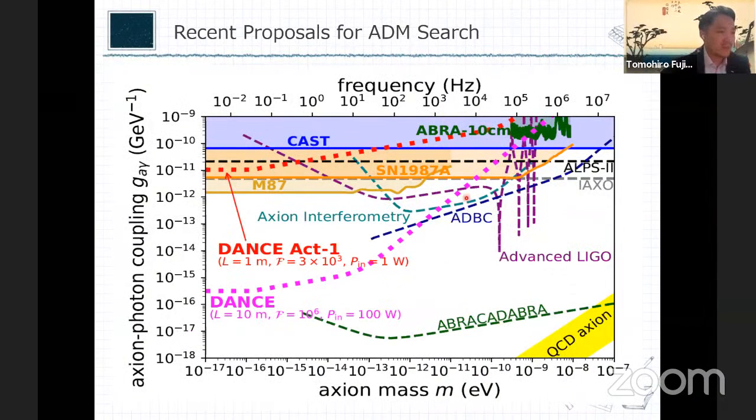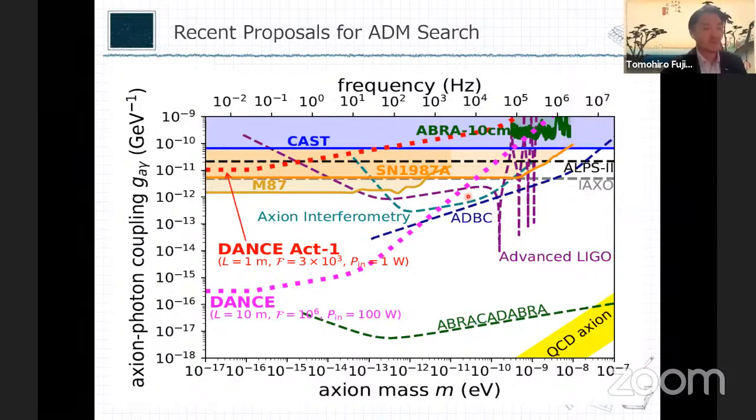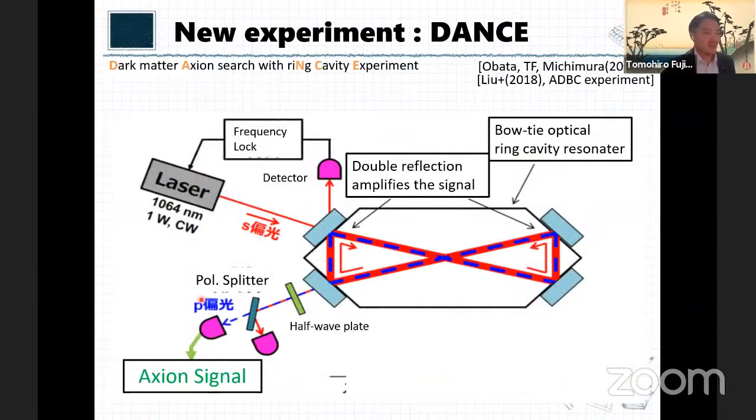This is mainly because of the coherence time. So if the mass is higher, the coherence time of axion gets shorter and shorter. Okay, let me explain a little bit more. So idealistically, just having a perpendicular polarization component other than the initial one is an axion signal.